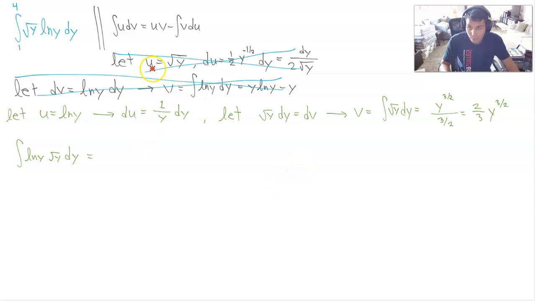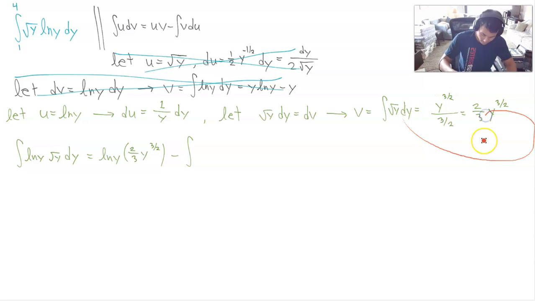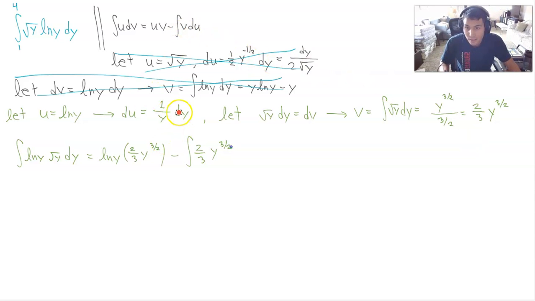And we're saying that it's equal to u, which is ln y, multiplied by v, which is this guy over here, 2/3 y to the 3/2. Okay. Minus the integral of this guy, again, 2/3 y to the 3/2. And then du, which is this, right over here.